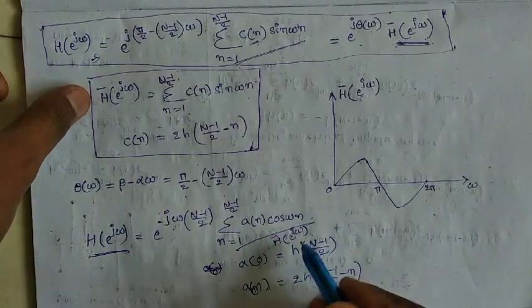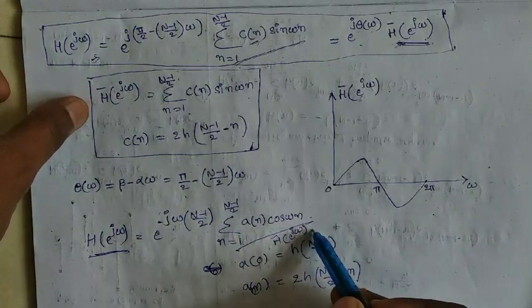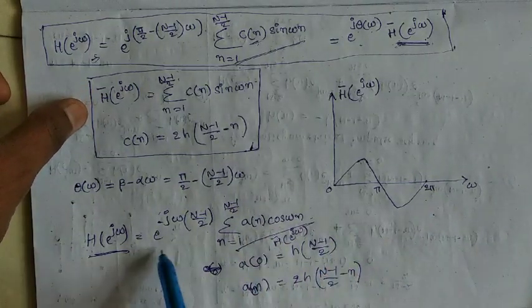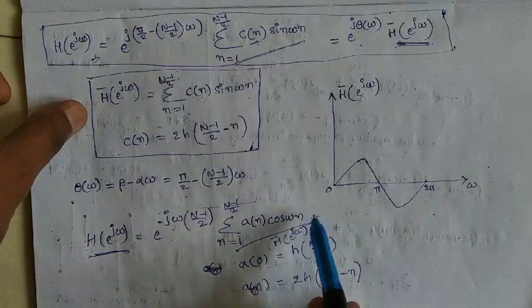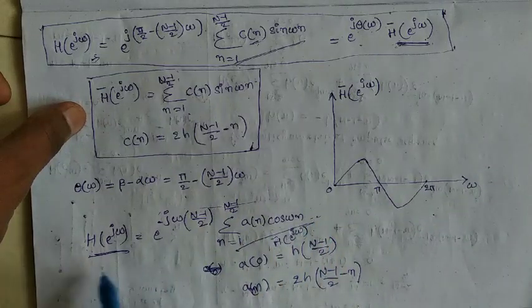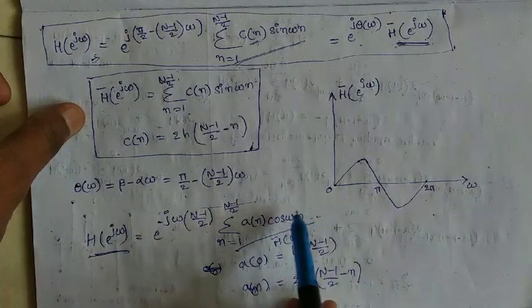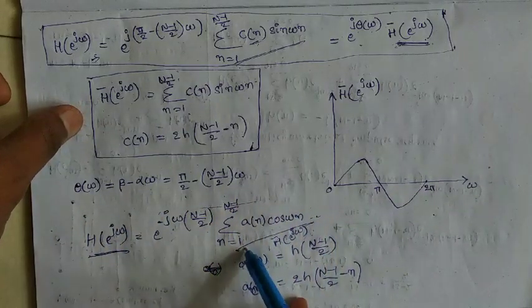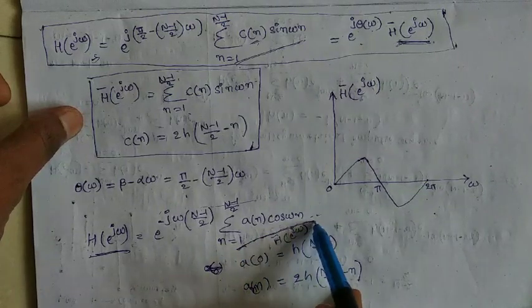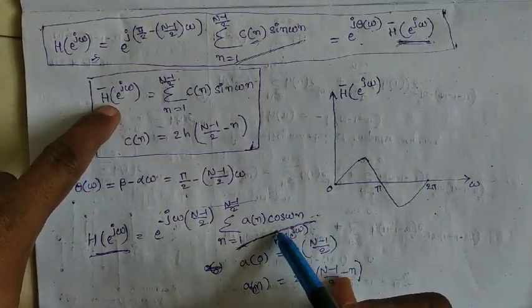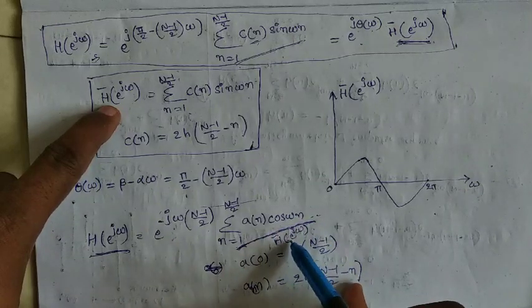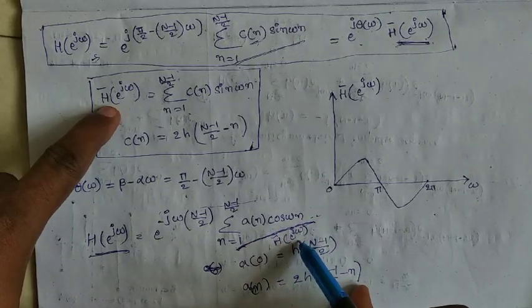Actually this total indicates the frequency response of FIR filters with symmetrical impulse response, capital N odd. From this, what does it indicate? Linear phase. Actually it is the zero phase frequency response, H bar of e power j omega.